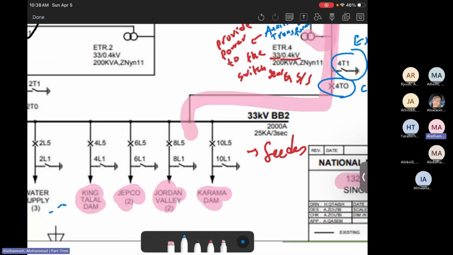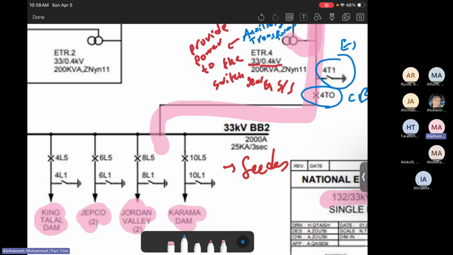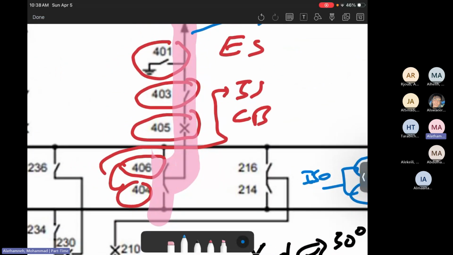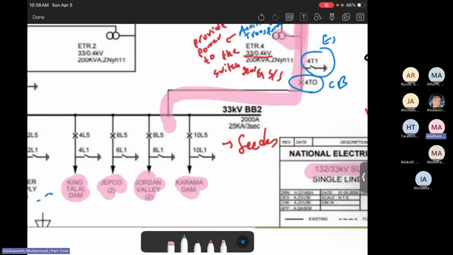Now, my question is, why, when we look at the feeders, is there only a circuit breaker and earth switch, while at the 132 kilovolt side you will see earth switch, circuit breaker, and isolators? Why here are there isolators? Why in this 33 kilovolt part are there no isolators?